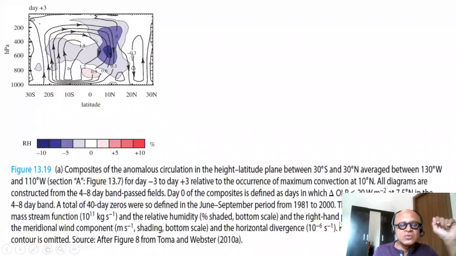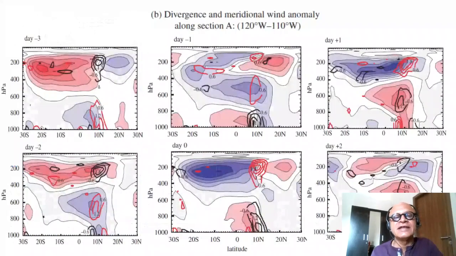Okay, so again, confirming that there are transients in the ITCZ, which is also seen in the same longitude band in terms of divergence and meridional wind anomaly. So you have day -3, divergent winds and convergent winds, lower troposphere, upper troposphere.